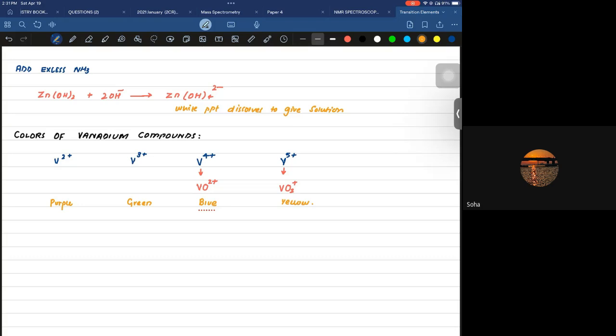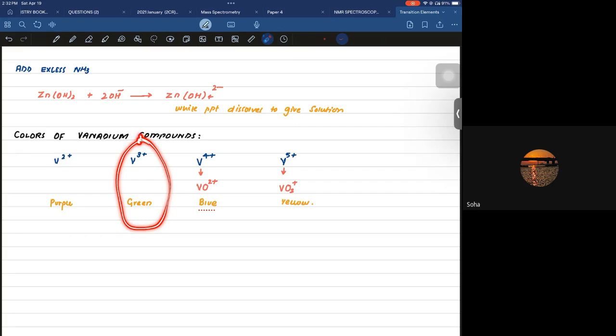Okay. And then what are the colors that form green solutions? Like let's suppose iron 2 plus is green, of course.